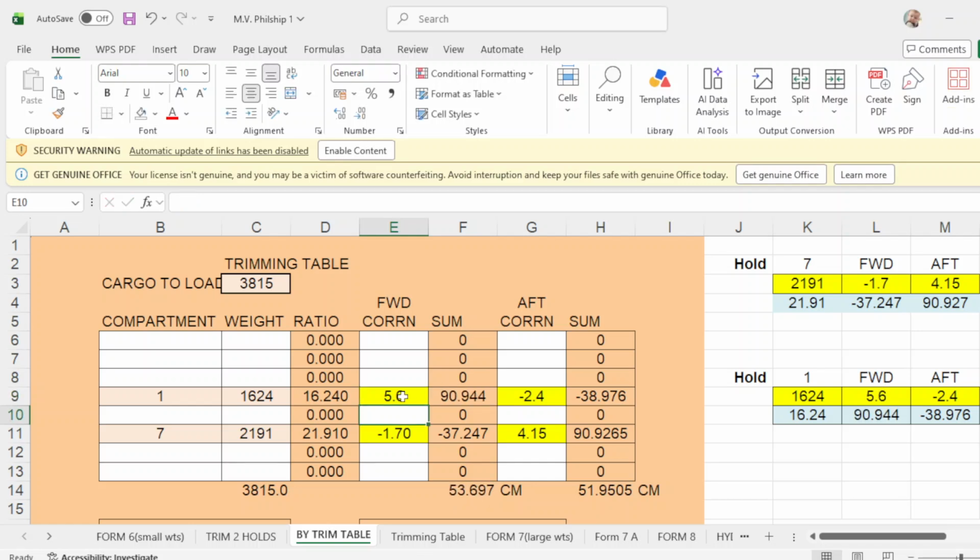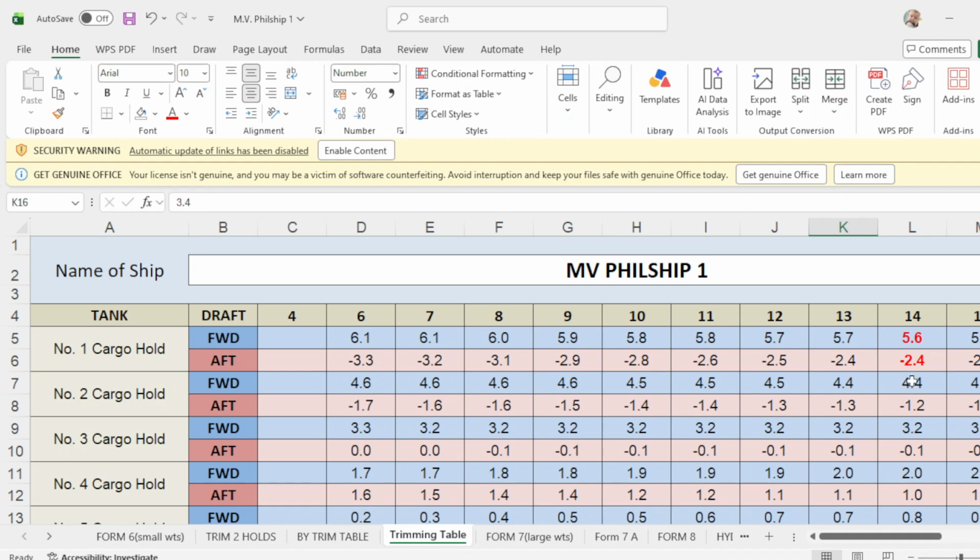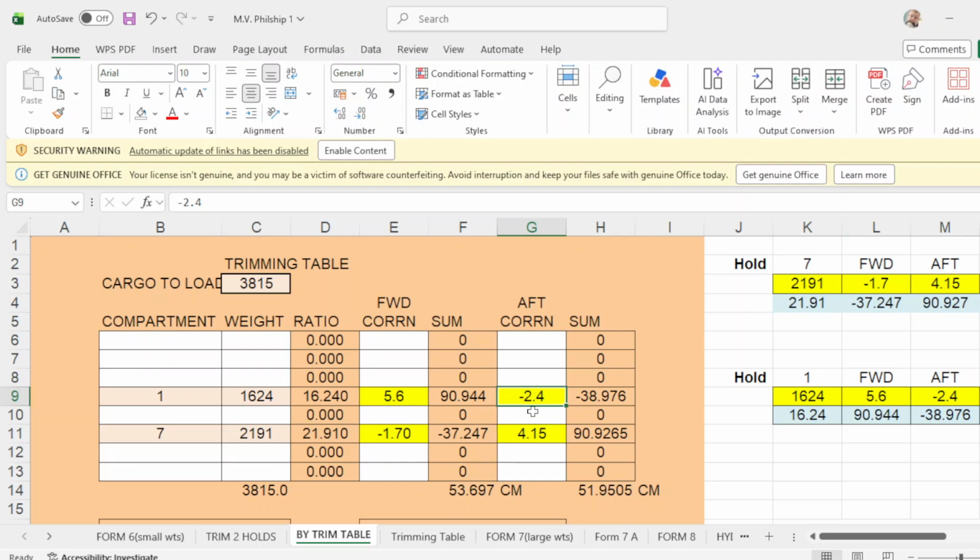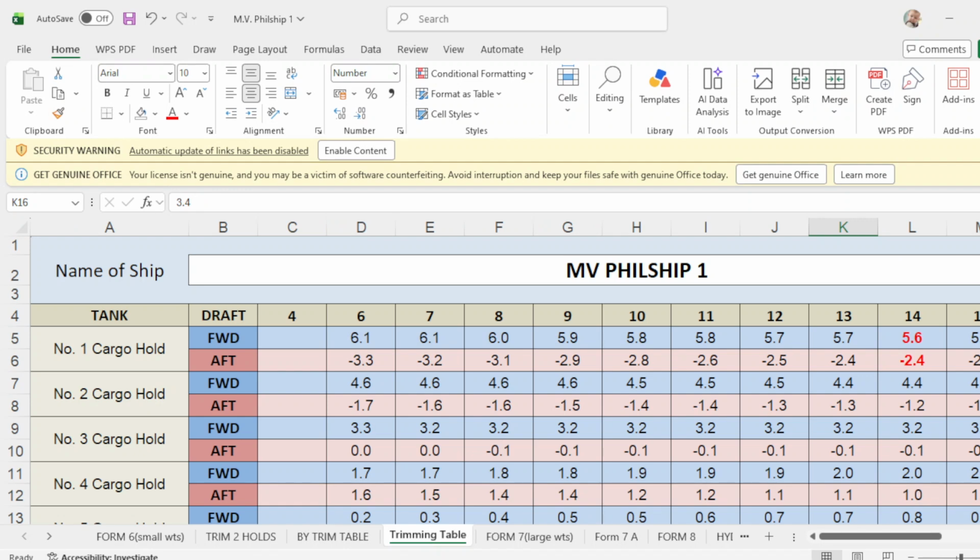And up correction is negative 2.4. So we put here negative 2.4.